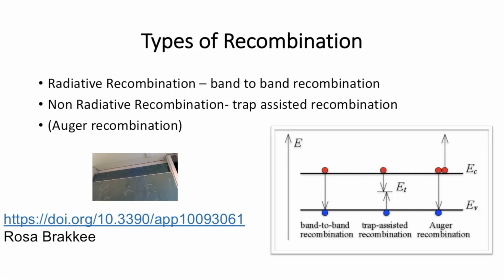If this is very efficient, that means that you don't have trap states where the charges are lost through other processes. If they're not in a circuit, if they're not part of a working solar cell, but if it's an open solar cell, then it is ideal if only this happens: radiative charge recombination, this emission of light.